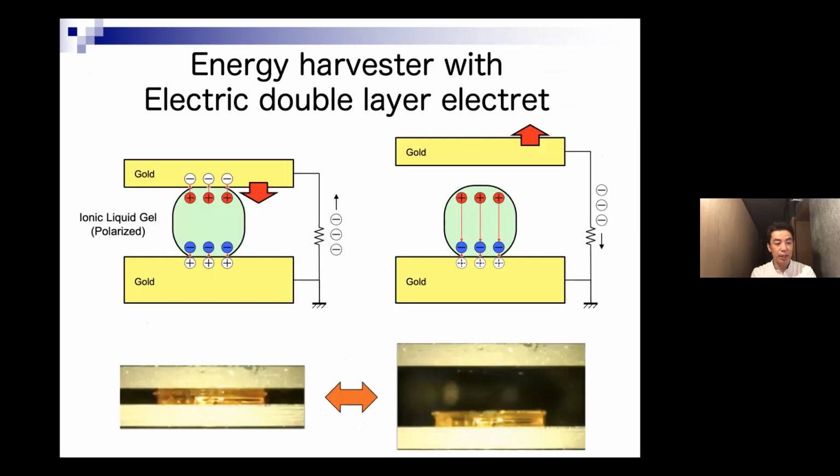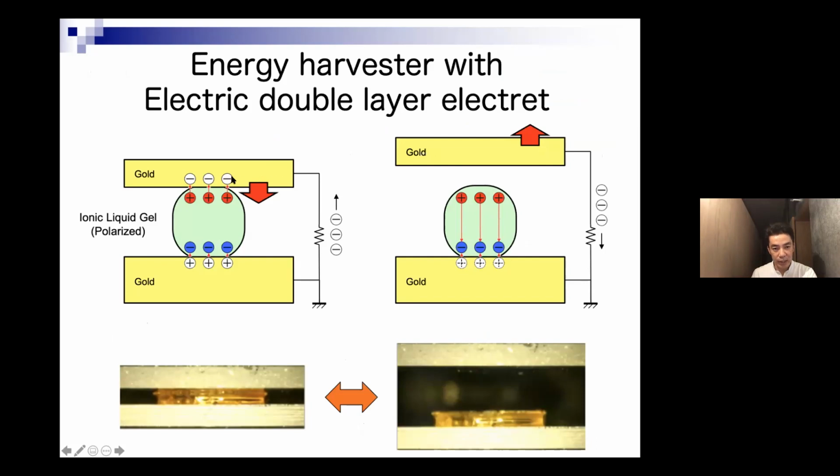So using this electrode, we are going to fabricate a vibration energy harvester. We sandwich the electrode with two electrodes, and then we attach and detach the electrodes. Electrons are induced at the electrode.